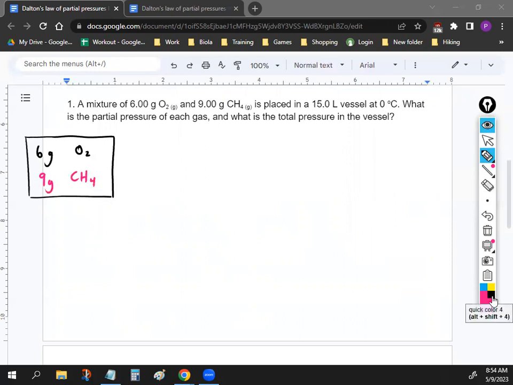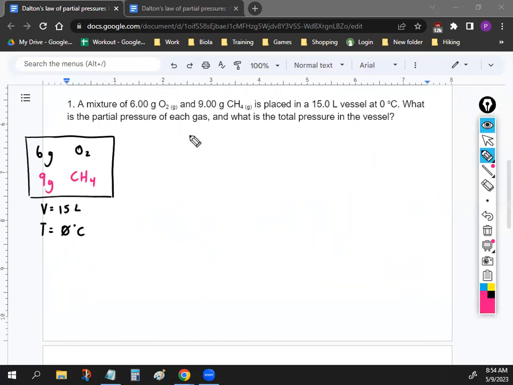It tells us that the volume of the container is 15 liters and the temperature is 0 degrees Celsius. Everybody good on where we got that info?